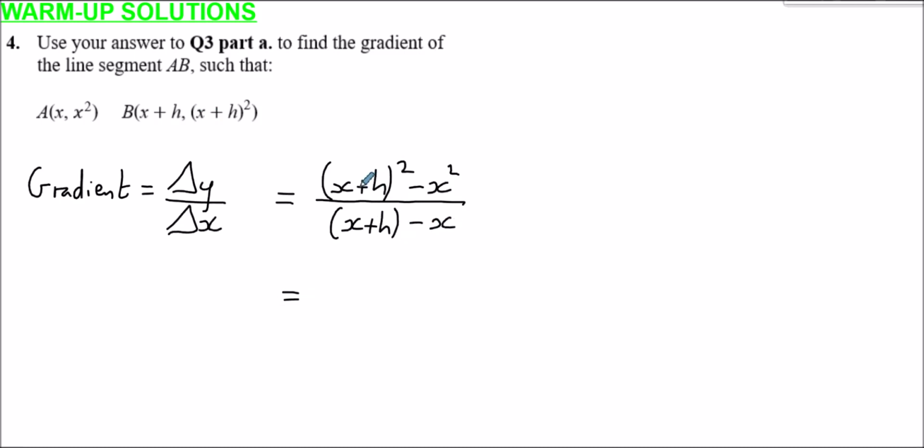And so expand this out as we did before. We have x squared plus 2xh plus h squared minus the x squared. And on the bottom of the fraction, we're simply left with h. The x's will cancel: x and a minus x eliminate one another, so just left with h. In a similar way, if you look at the top, what's going to eliminate each other here?